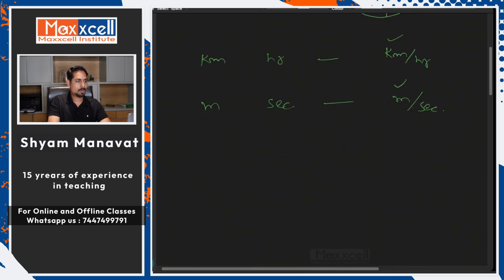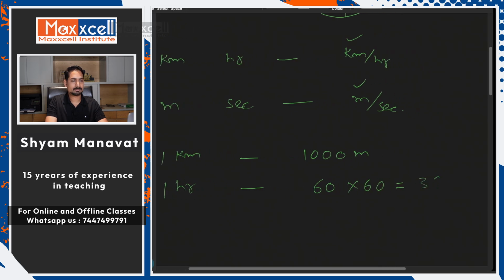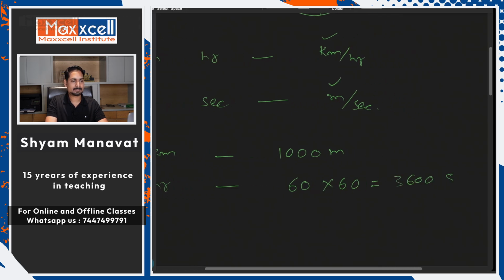I hope you know, 1 kilometer is 1000 meters, right? Kilo means 1000, kilogram 1000 gram. And 1 hour means how many seconds? 1 hour has 60 minutes and each minute has 60 seconds. This will become 3600 seconds, right?